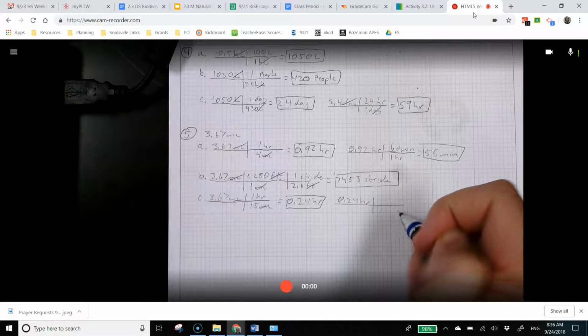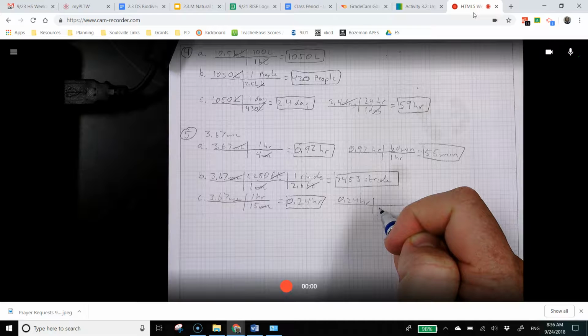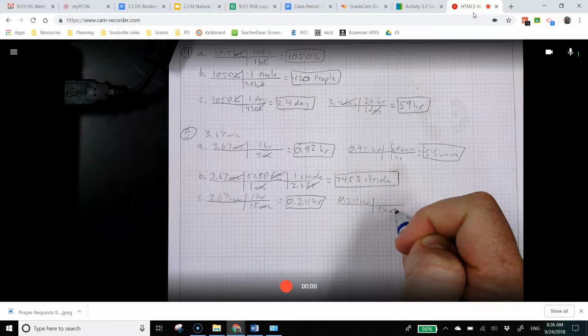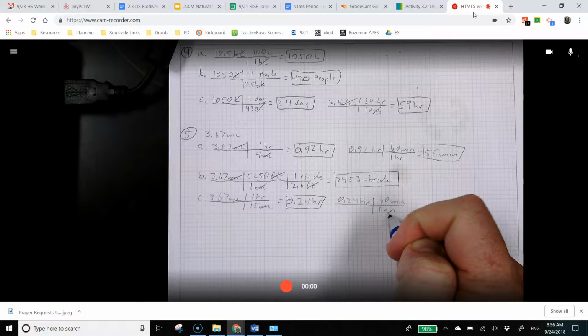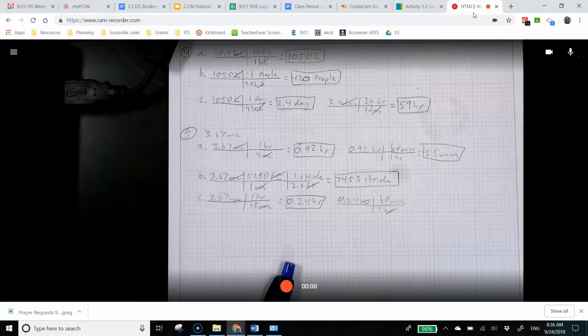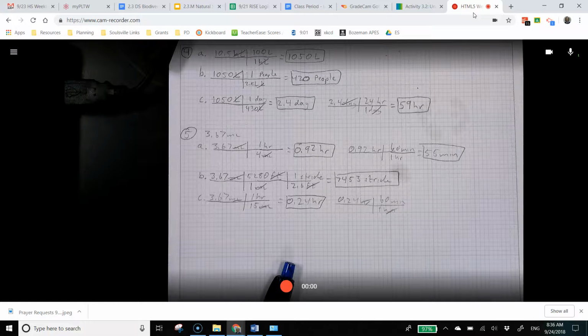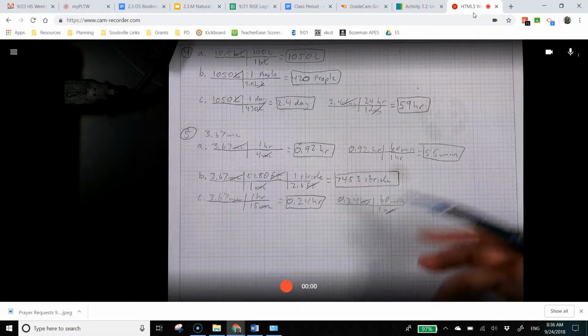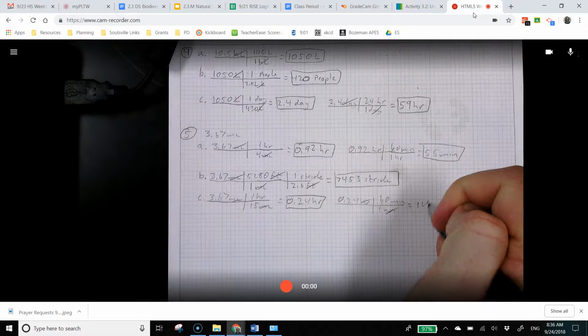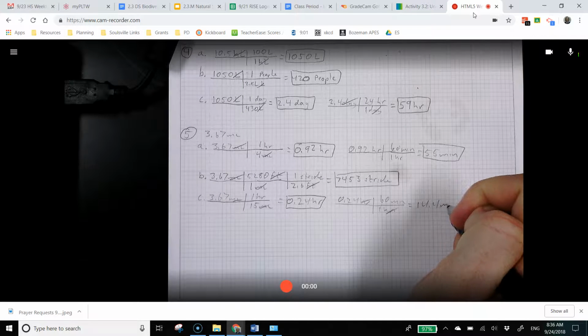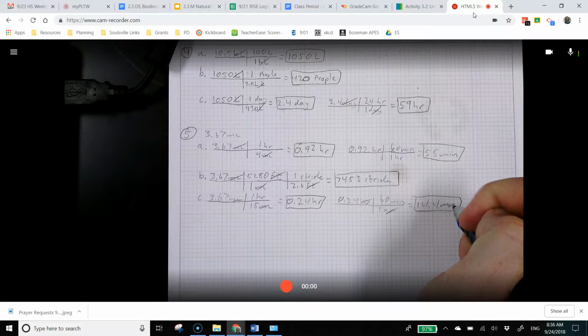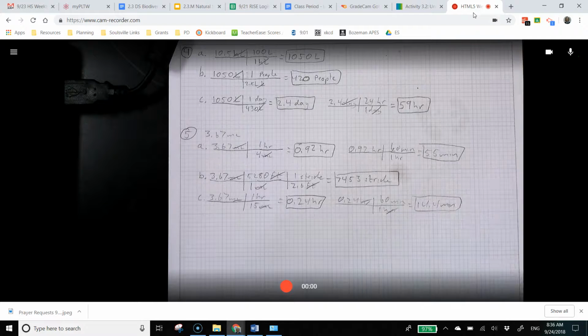It's the exact same conversion I did before. 1 hour is 60 minutes. Cross out hours. Multiplied those and got 14.4 minutes. It's a lot faster to ride my bike to my grandparents' house than it is to walk, which makes sense.